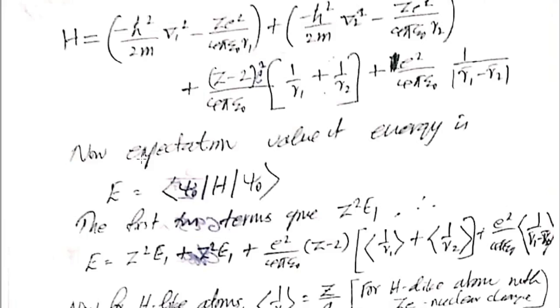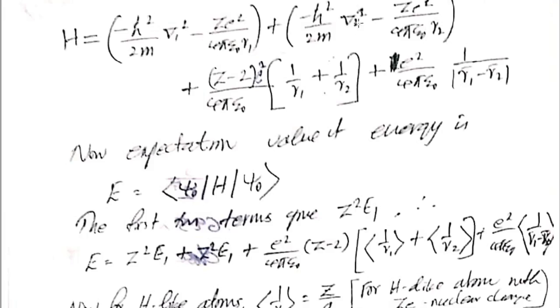Now in the next step we find the expectation value of energy. The expectation value E is equal to the integral of psi 0, H psi 0, with respect to the trial wave function psi 0, which is the wave function of a hydrogen-like atom with nuclear charge Z. So the first terms, minus h cross square by 2m into del 1 square minus Ze² by 4 pi epsilon 0 r1, are the Hamiltonian of one electron, and this is the Hamiltonian of the second electron in a hydrogen-like atom.